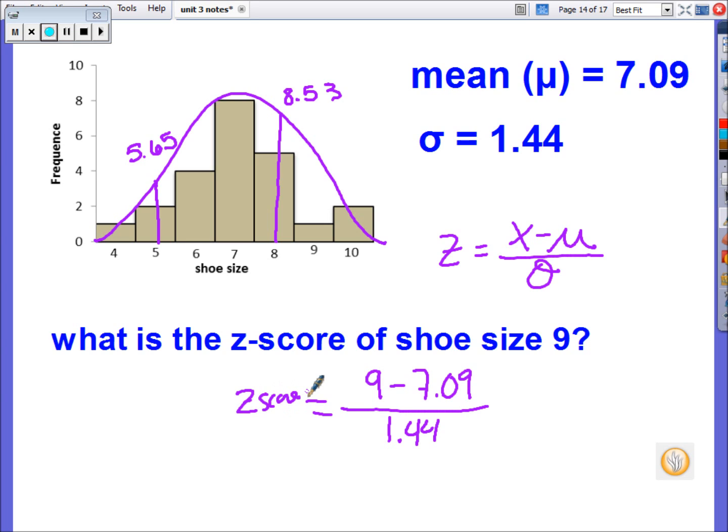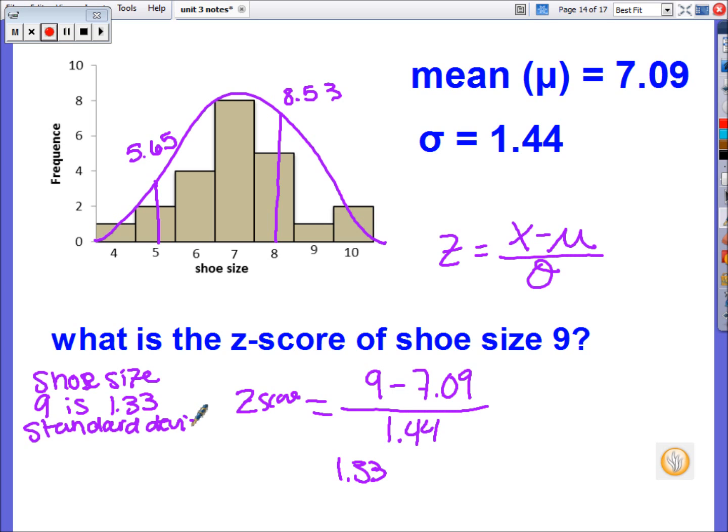We simply do the math there and we end up with 1.33. So we can say shoe size 9 is 1.33 standard deviations above the mean.